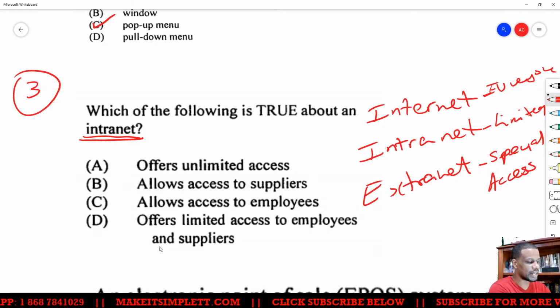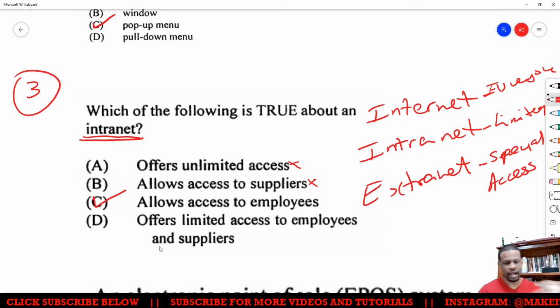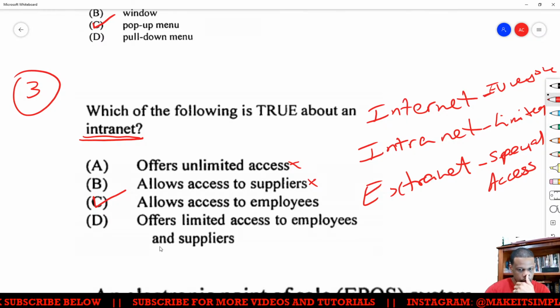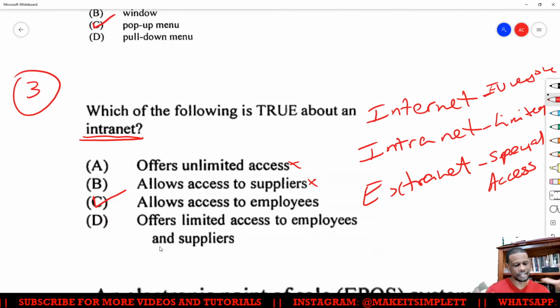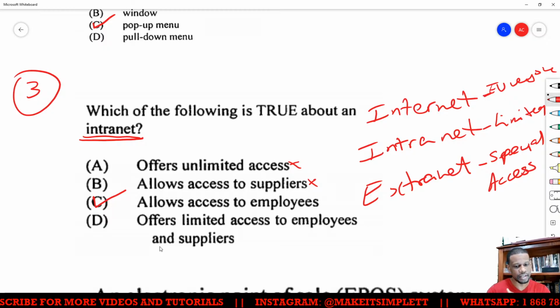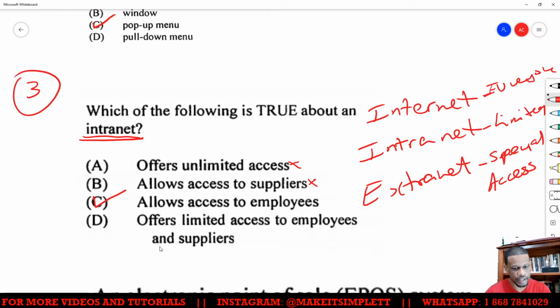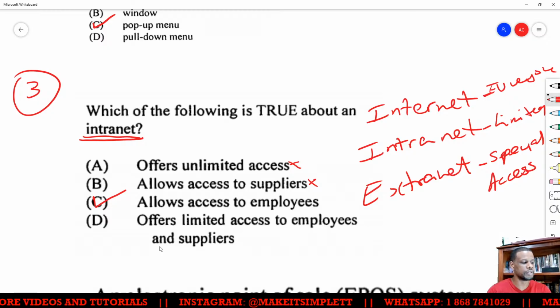So offers unlimited access, no, that's internet. Allows access to suppliers, that's special access. Allows access to only employees, that sounds very much like intranet. Offers limited access to employees and suppliers, that sounds more like an extranet. So the answer here is C. So remember, inter is intermingling, interrelating, stuff like that, as everyone.